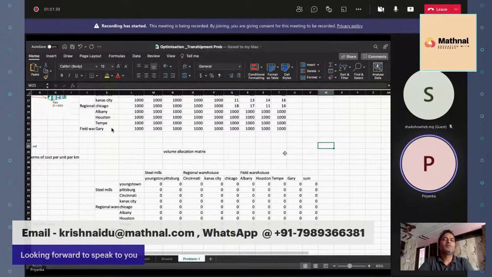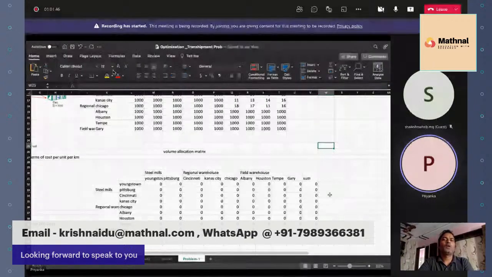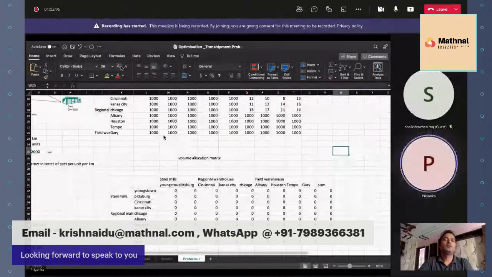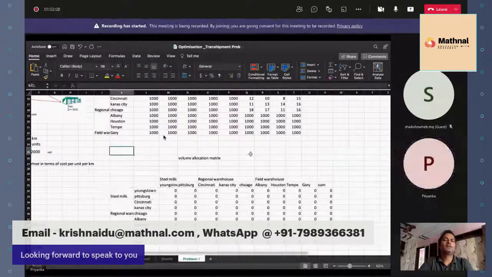Click on the A next to 12. 12 means the Calibri body. Next to font size, capital A. Yeah, increase that. Click on it. Now leave it. Okay, we'll see it later.